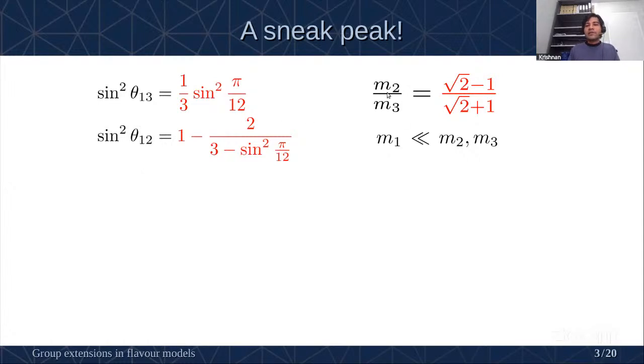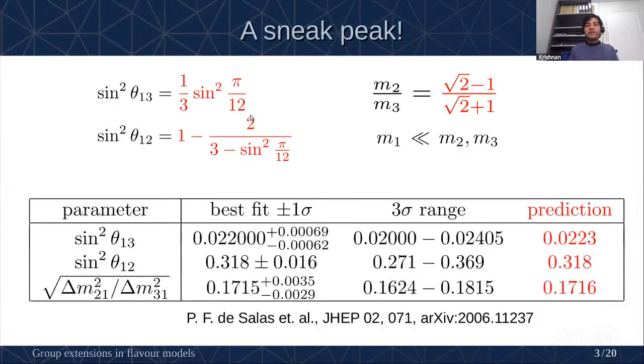And these are masses of the neutrinos, M2 and M3. The red numbers that you're seeing, these expressions, these formulas, are derived in this particular model that I'm going to talk about today. So you can obtain these numbers using the group extension and flavor symmetry model. And now you have a table here. This table shows the measured values. This is from a global fit done by a Spanish group, I believe.